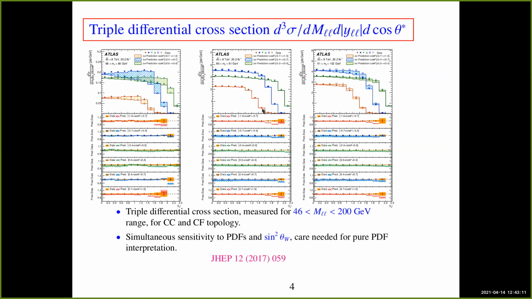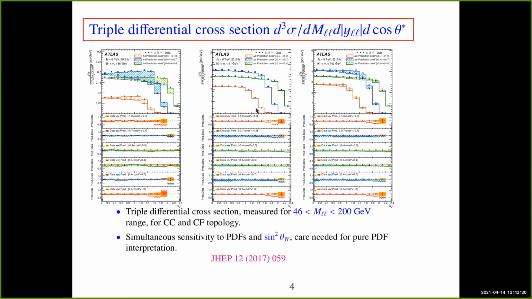While if you go to large cos theta, you start to drop straight away. This is actually the impact of the fiducial cuts. In this case the leptons go forward and backward, and the eta requirement starts to kill the acceptance as you go higher in rapidity.